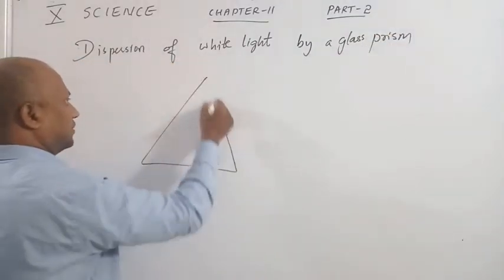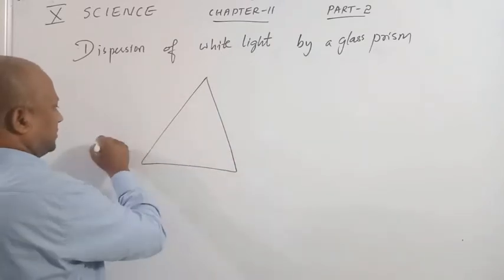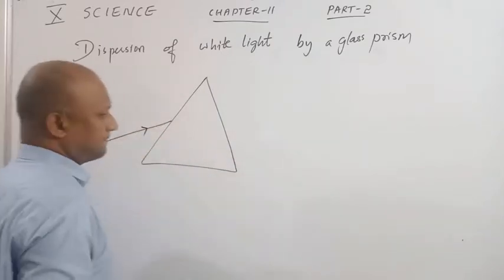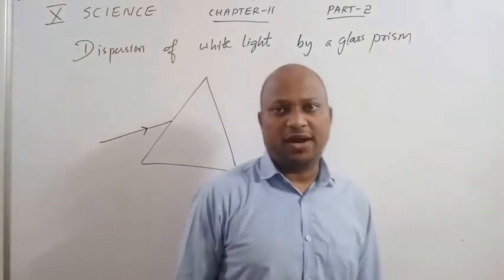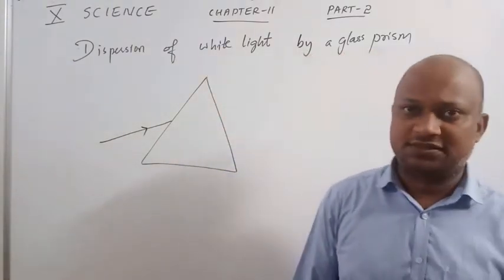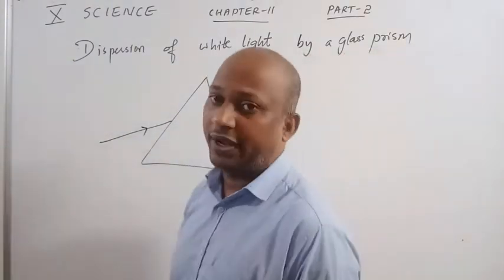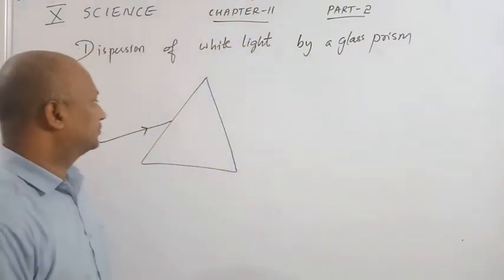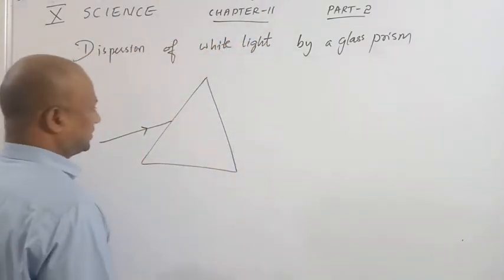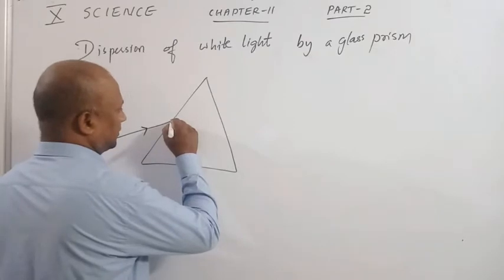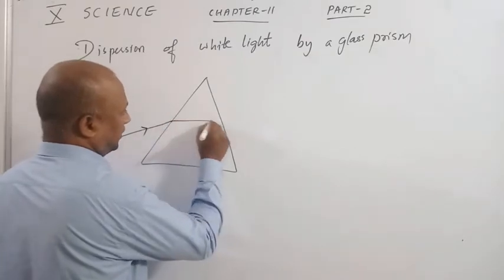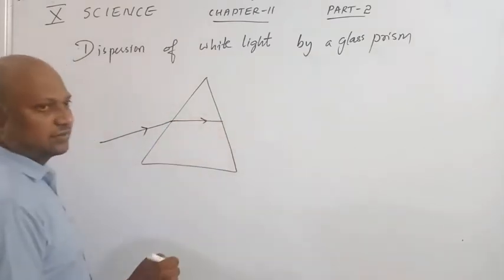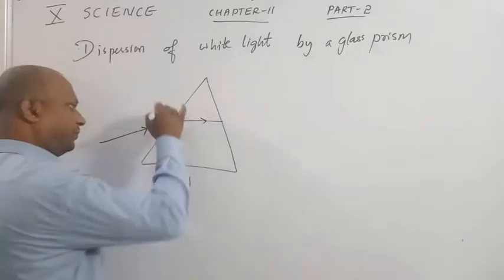So when Newton experimented, the white light, when it enters through a glass prism, what happens is, earlier you have seen it bent, and why it bends?